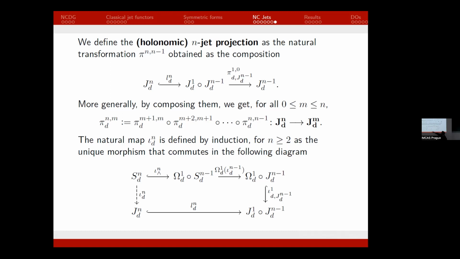And we define the inclusion of Sn into Jn by the commutativity of this diagram. I will not enter into details of how this is built, but it turns out to exist because of the kernel universal property.